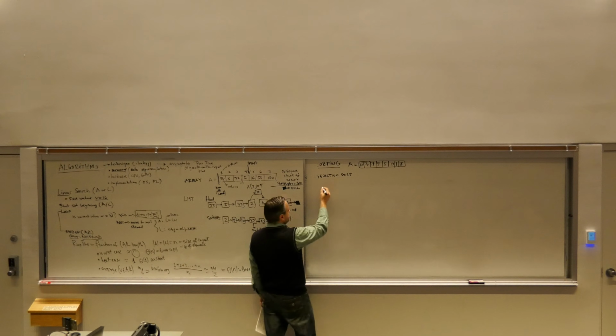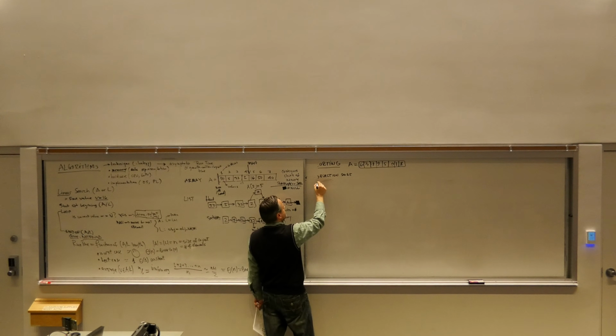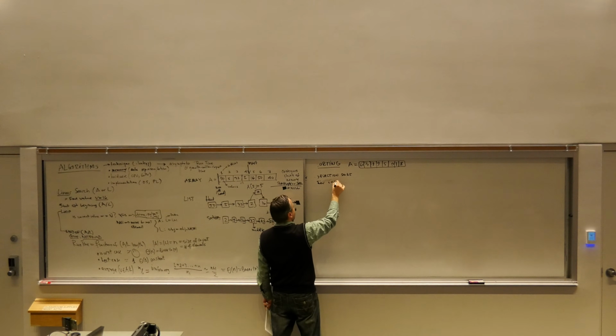Selection sort says: start with an index, say i equal 1. Actually, let's do it for i equal 1 to n.